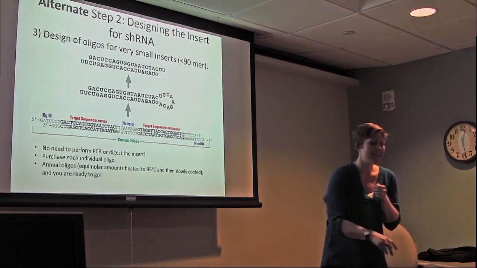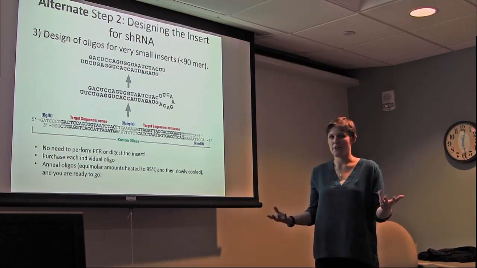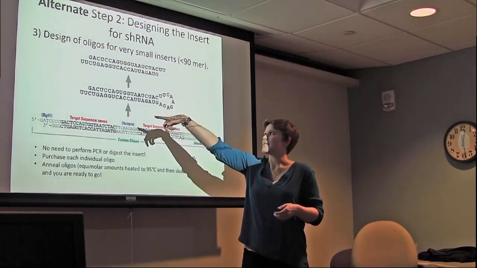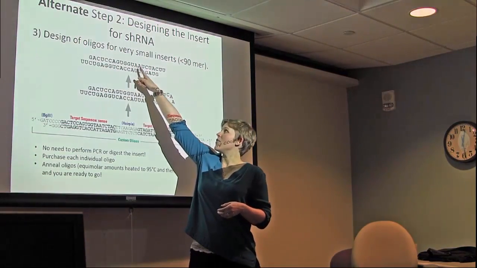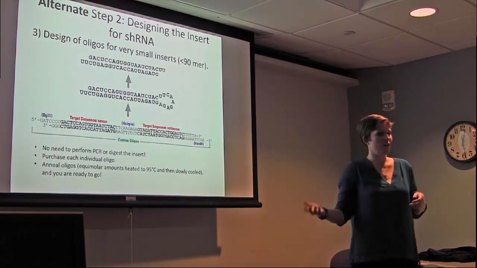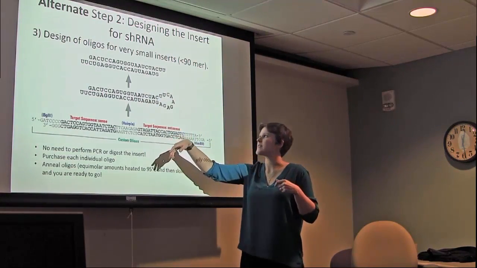Okay, and then I'm just going to get back to this really quickly because it is an option and it's a very nice option if you have small inserts. This is, for example, the siRNA, so the RNA sequence that could cause RNA interference.